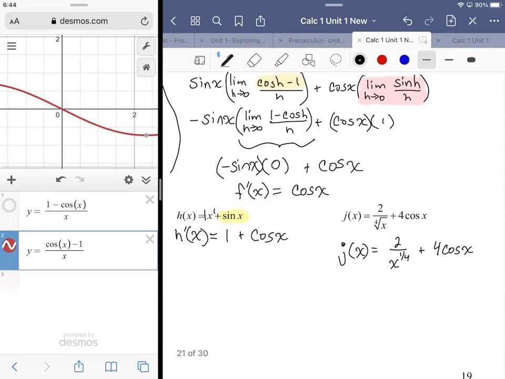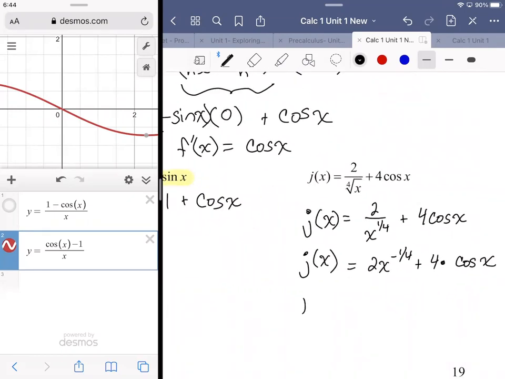You don't have to show the intermediate stuff. I'm just doing it for instructional purposes. But j of x would be 2x to the negative 1/4 plus, and then we'd have 4 multiplied by whatever the derivative of cosine of x is. Or at least we will do that in a second.